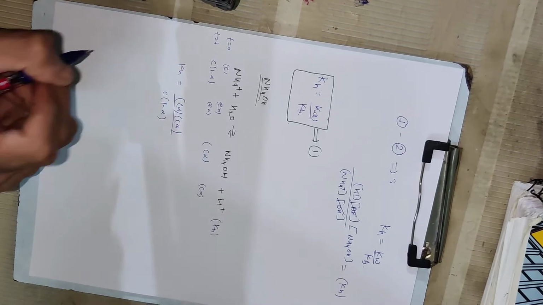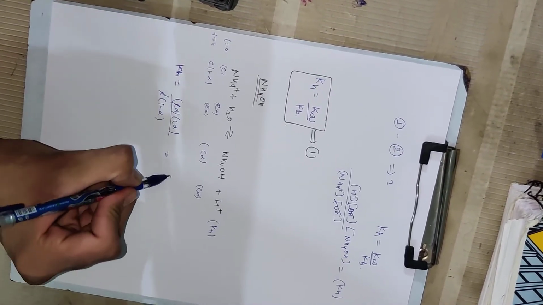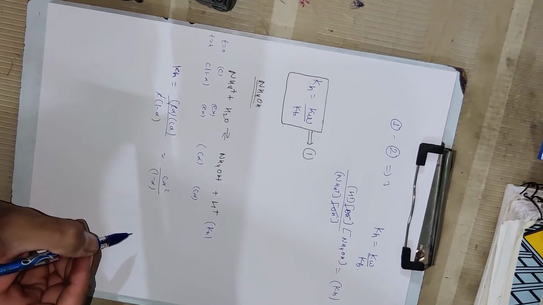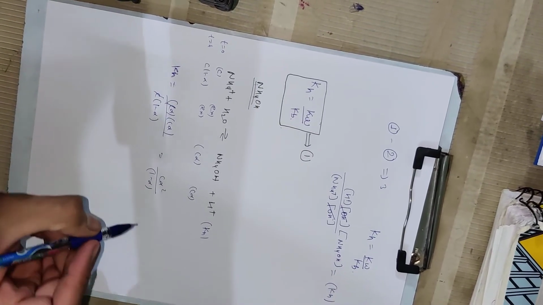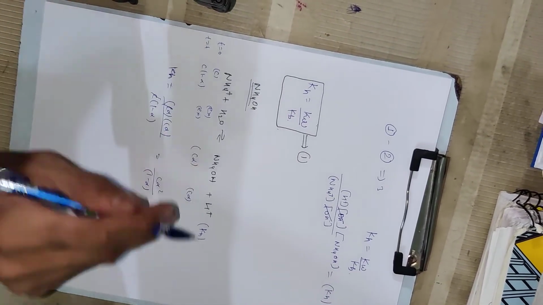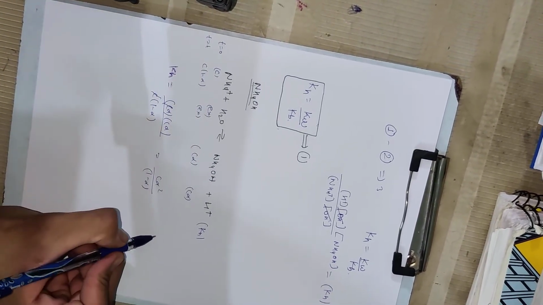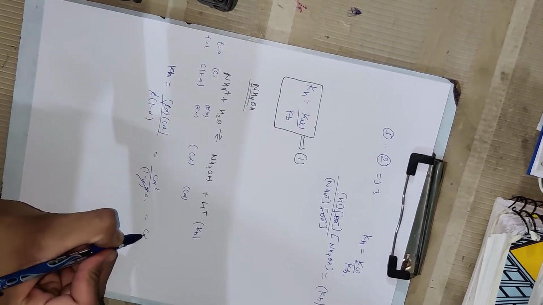So we know Kh is this. C and C cancel out. You find C alpha square upon 1 minus alpha. By assumption, as it's a weak base, dissociation is negligible, so we can neglect alpha in the denominator as 0. You will find here C alpha square.